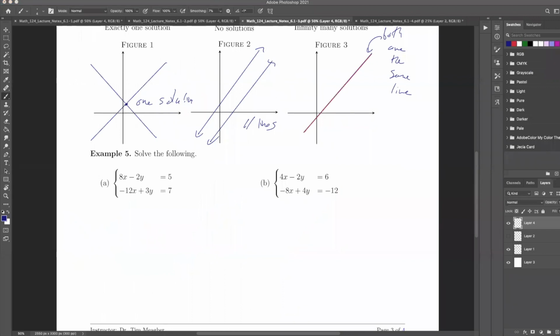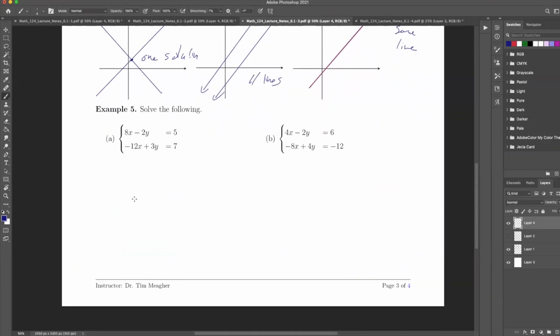All right, so in practice, I'm going to just try to solve this. Here we go. I'm going to try to get rid of my y.